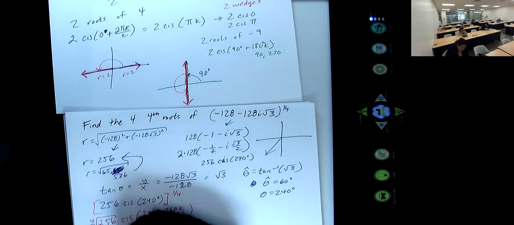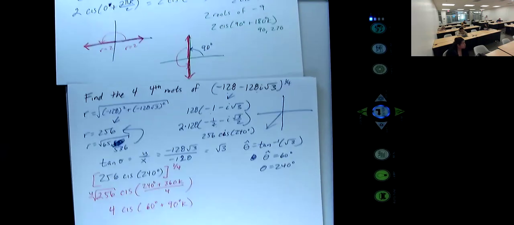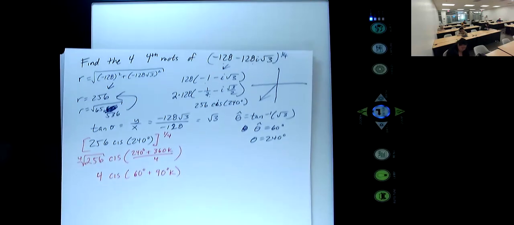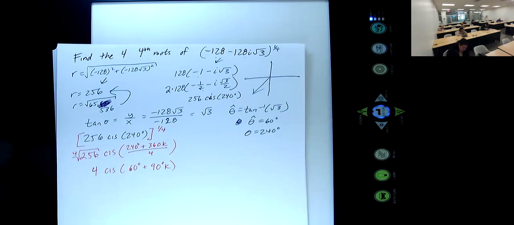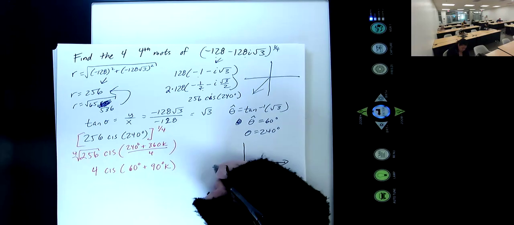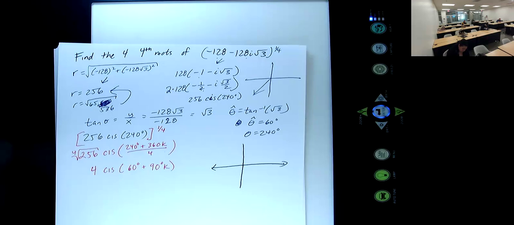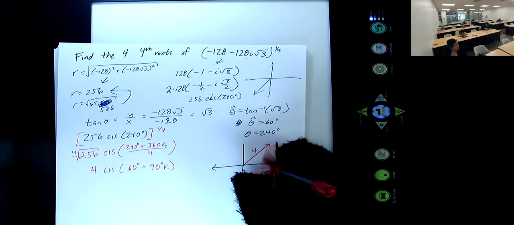This is 4 cis (60 degrees plus 90 degrees k). So 60 degrees is right about there, and I've got a radius of 4.